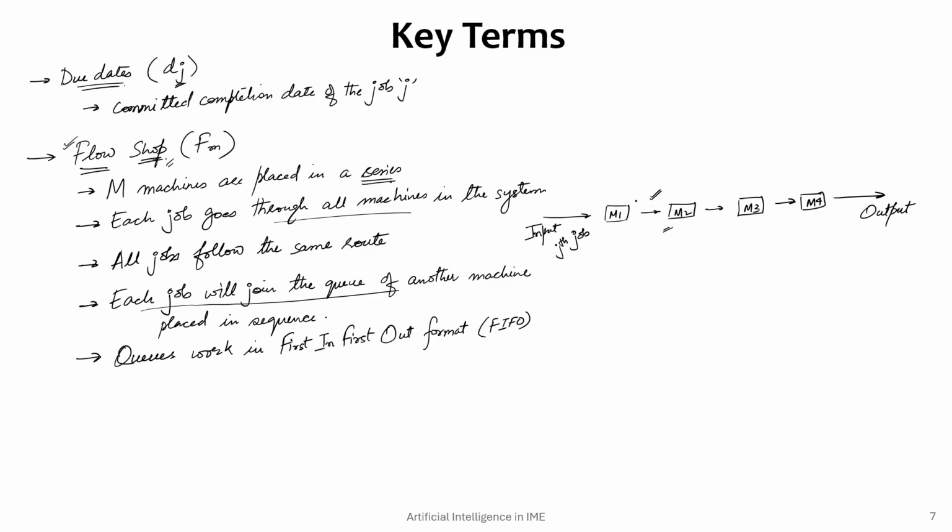And these queues work like first in first out. So whatever job arrives first at this queue will get processed at the earliest, okay? So this is your simple flow shop and it is also known as the assembly line. So, assembly line works in this way.